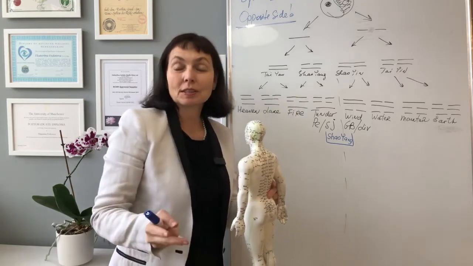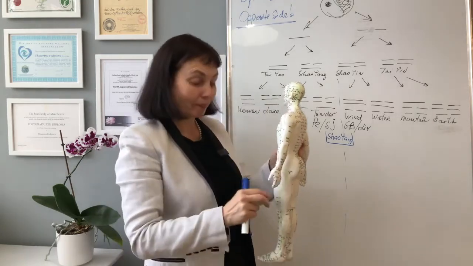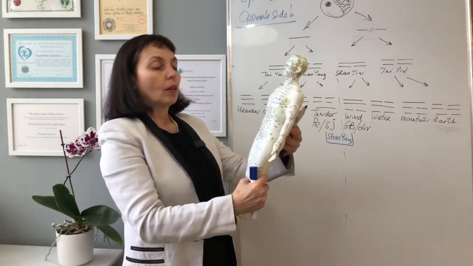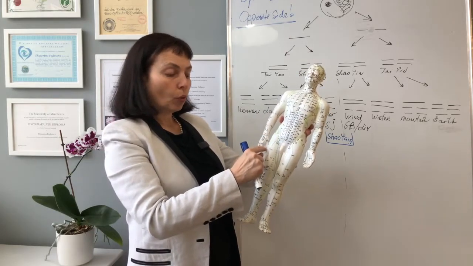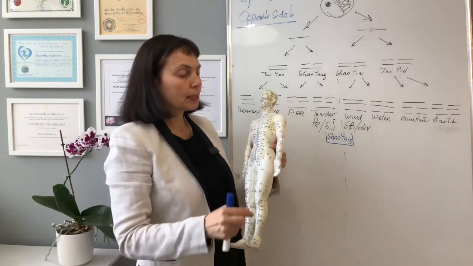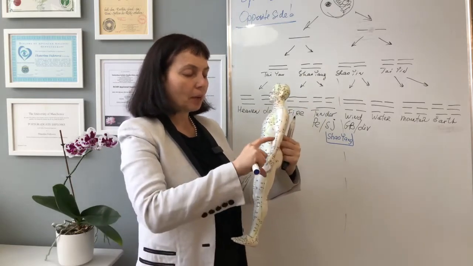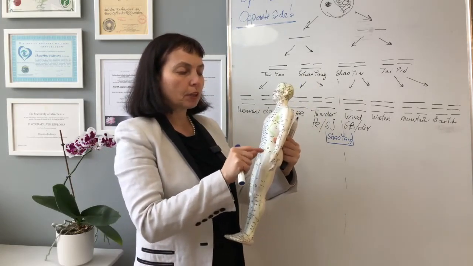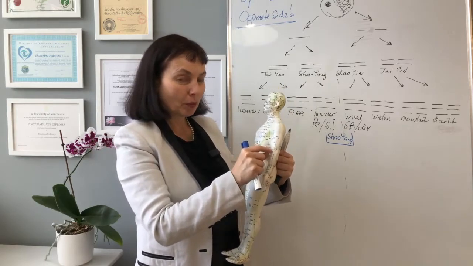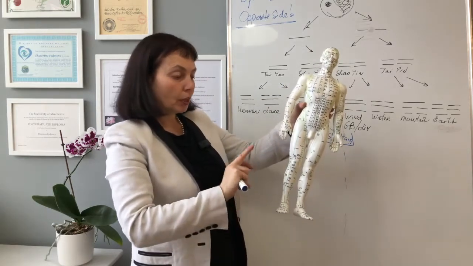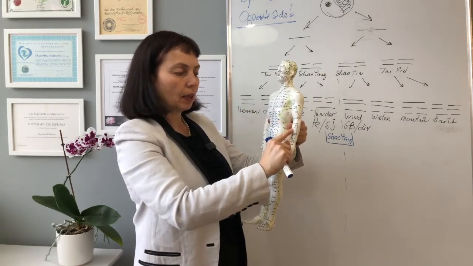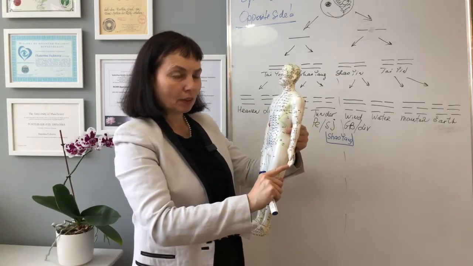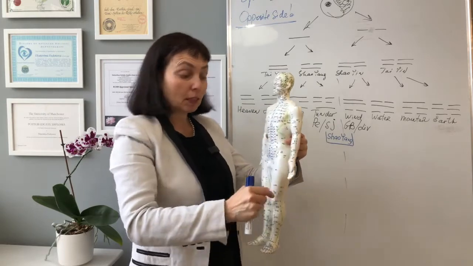We can do that, but I will tell you now that the whole leg can be represented by the segment from the tip of the fingers to the elbow. If we project the lower leg to the arm, we'll needle the lower segment of the arm on Sanjiao meridian.